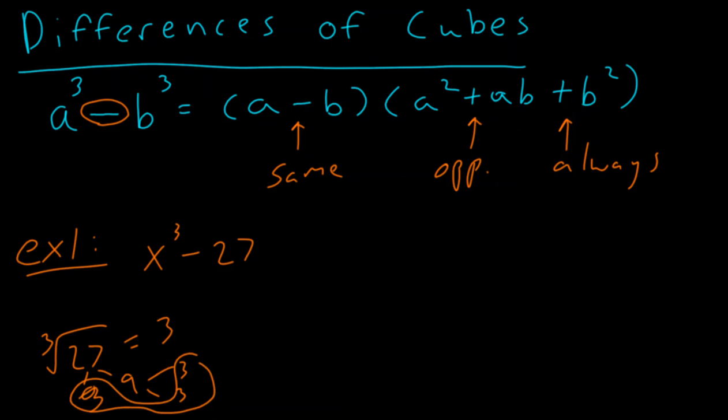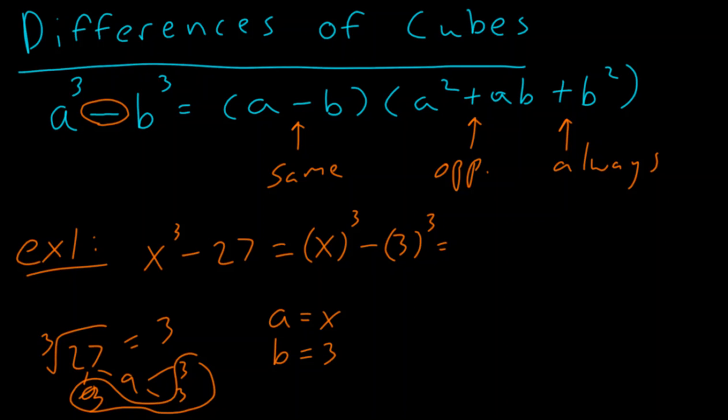So what are we really saying here? We're saying that when we go to write this formula, our a is equal to our x term and b is equal to 3. Put another way, we could say this. x cubed is really like saying the value of x being cubed minus 3 cubed. And how are we going to write out our formula?